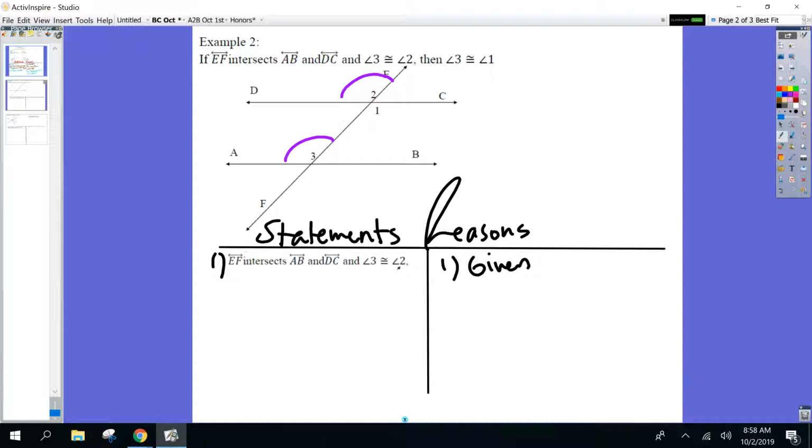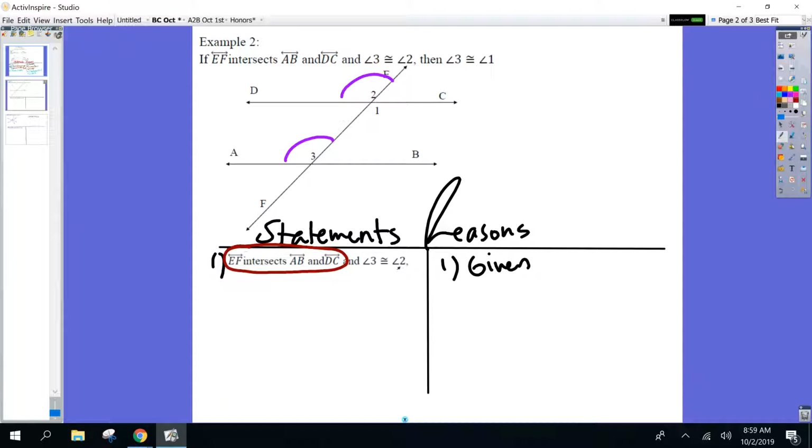And also, I want to point this out. A lot of people just write it and they just skip over it because they think it doesn't matter. It matters. There's a reason why I gave you they were lines and they intersect, because vertical angles are only formed by what type of lines? Intersecting lines. So don't overlook that fact that I gave you that they intersected, because I want you to say ding, ding, ding, vertical, vertical.